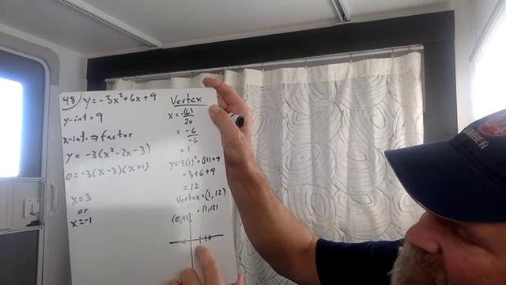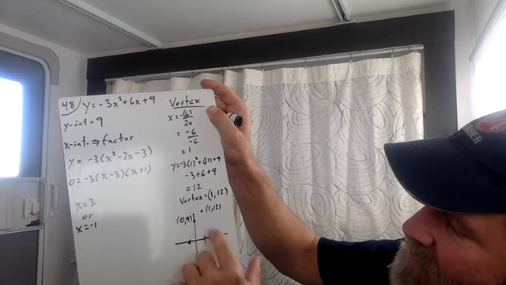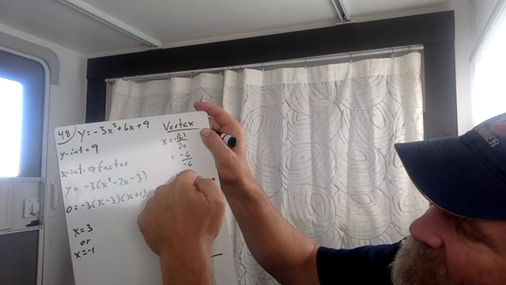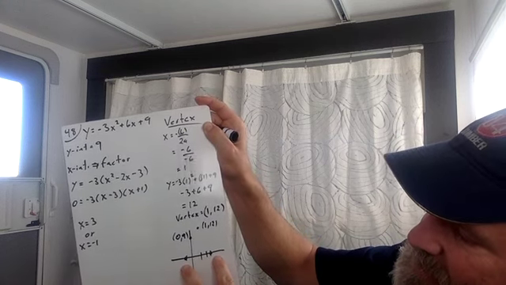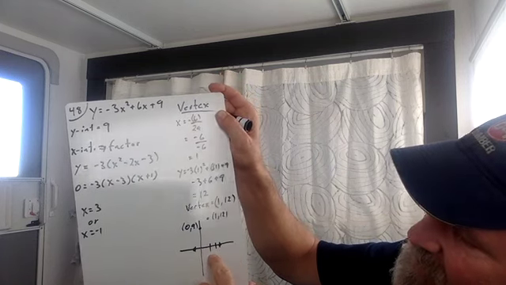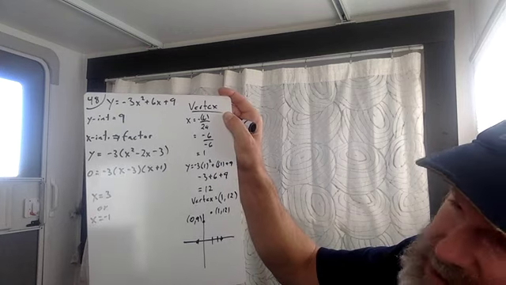Positive 1. Positive 1 is 2 spaces away from negative 1 and 2 spaces away from 3. So you really didn't even have to do all this to get x equal to 1. You could have just looked at your x-intercepts and said, what number is in between negative 1 and 3? It's positive 1, so I know my x value for my vertex is going to be positive 1. That's a little bit of a shortcut.